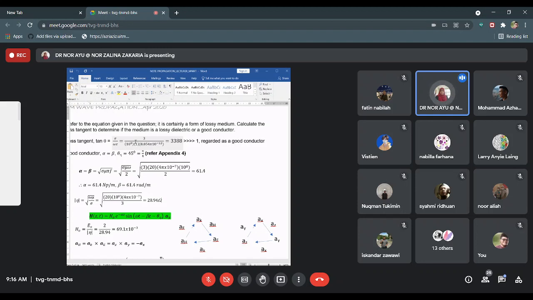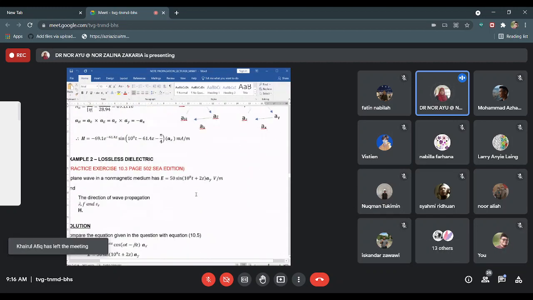Okay, non-magnetic meaning that dia adalah lossless dielectric. Ataupun you can look into the equation itself where dia tak ada epsilon punya part ni, so that will be free space. So that will be the lossless medium. Alright. Okay, we go to the next one.